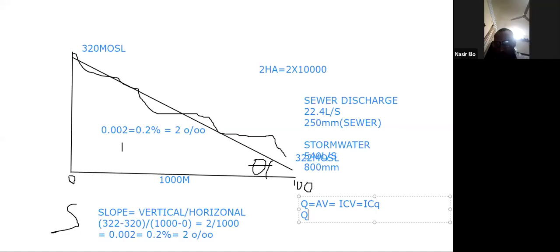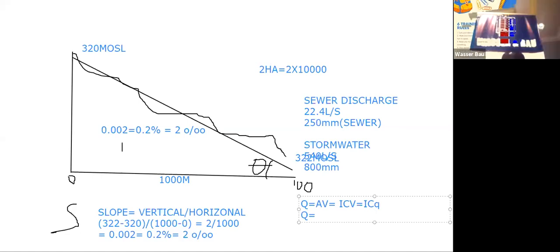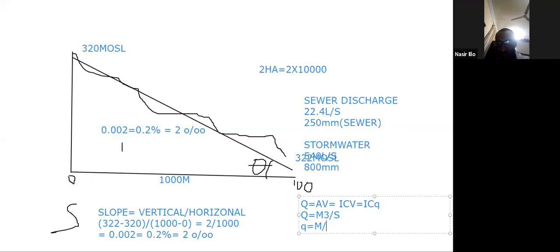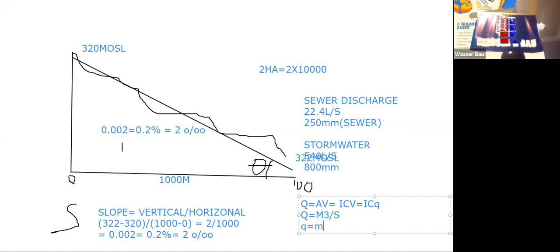Okay. Big Q is in meter cube per second, but small q is, in fluid mechanics we're talking about here, just flashback. You remember we did something like that in school.